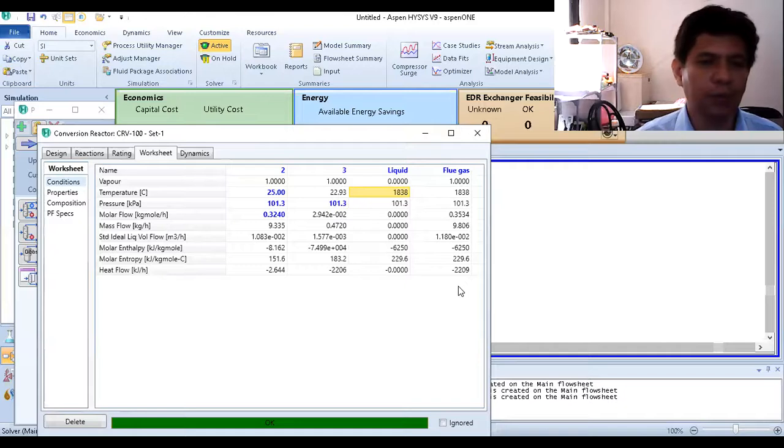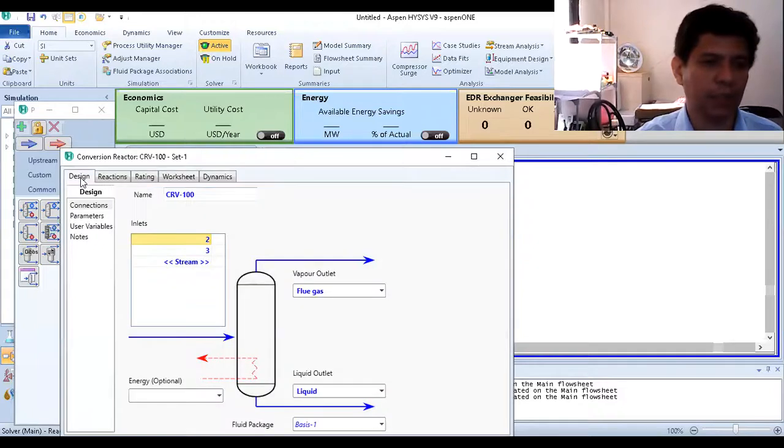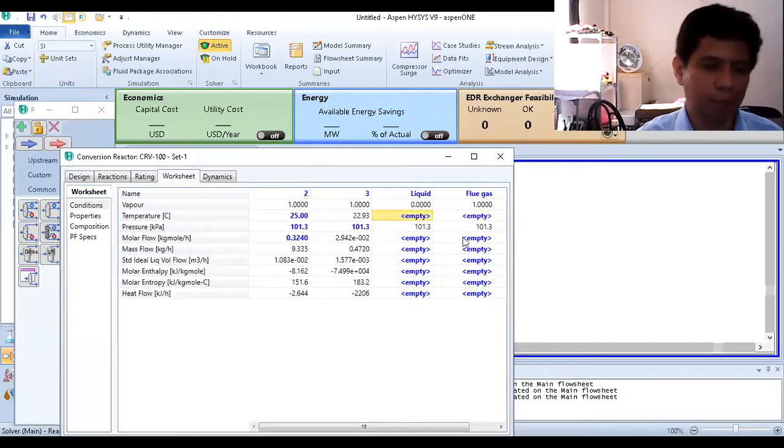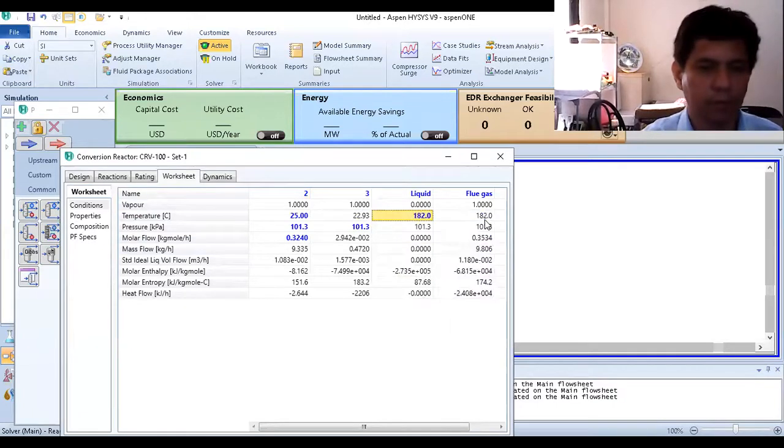So you need to assume the temperature of the flue gas, not just like what we did earlier. Okay, pero you can check this. This is the final result of the tutorial. Pero I think it's much more correct to specify in the design that you have some heat produced, and then you need to specify the temperature.